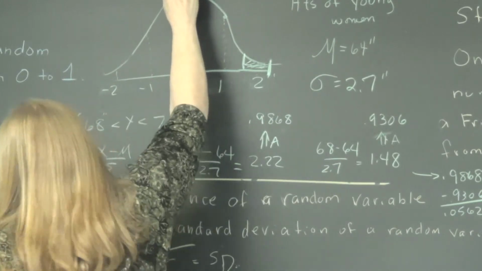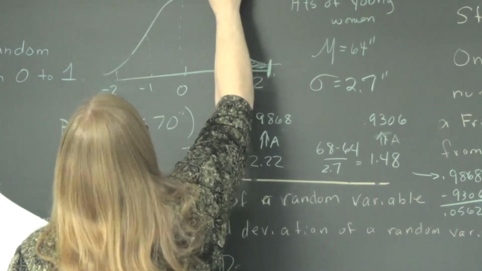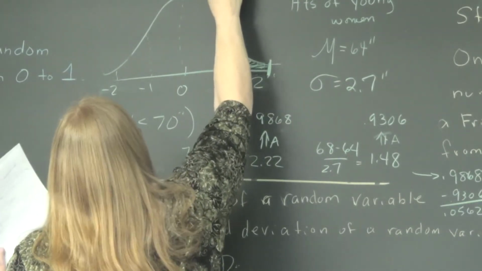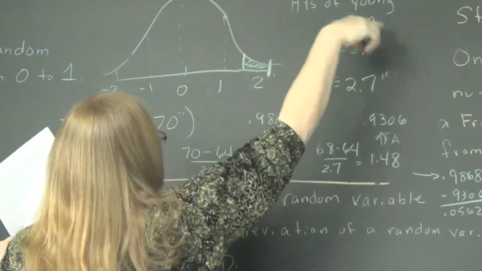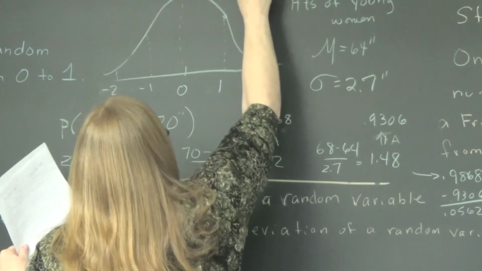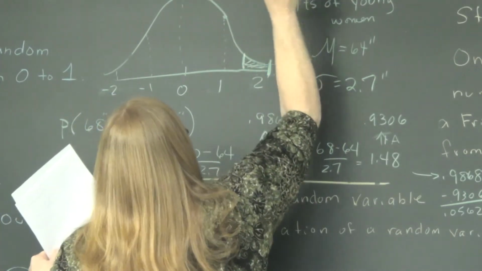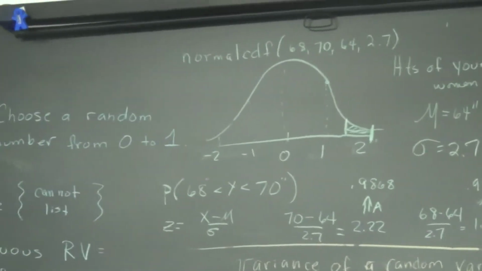We would give it the intervals, 68 to 70. Then we give it the mean, which was 64, and then we gave it the standard deviation. And it should give us that same number, that 5%. But I don't remember where to find that, and I didn't have my calculator to find it.